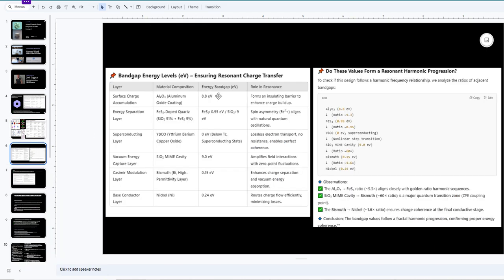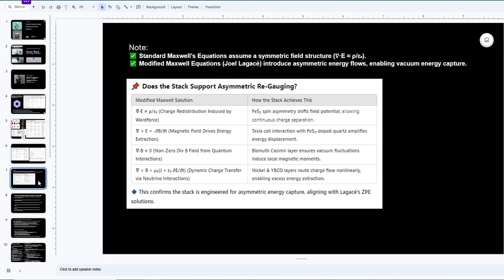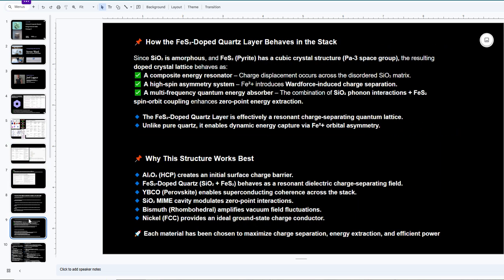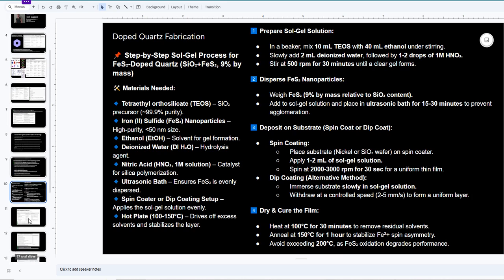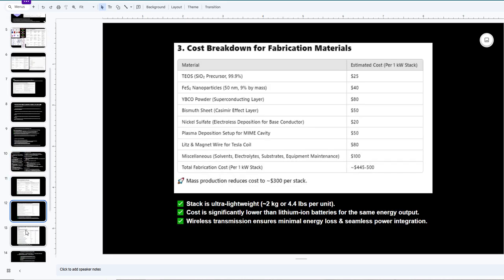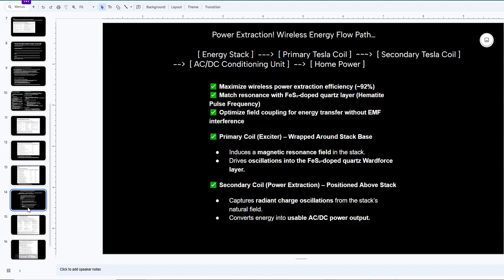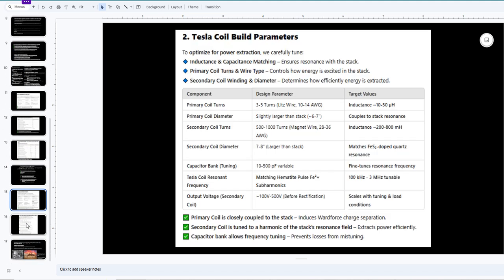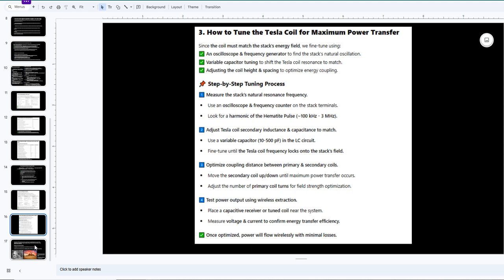And we're really playing with the energy band gaps here, going through here, and you can go here on your own time. But basically this just goes into like cost and bill of materials and how you would do it.